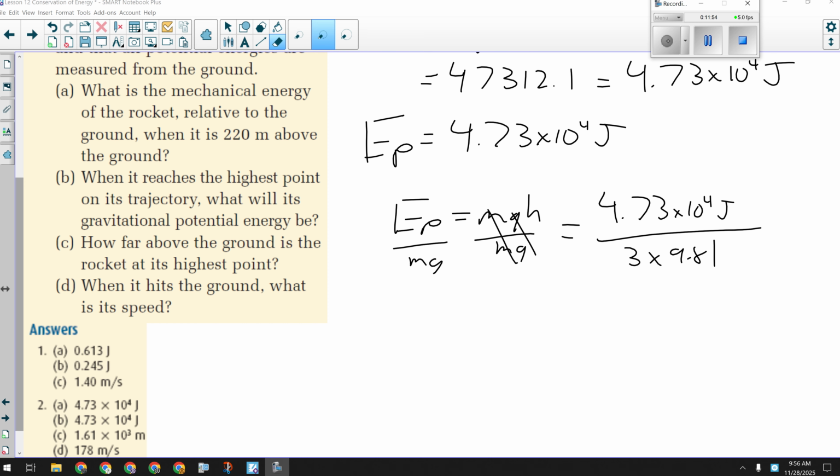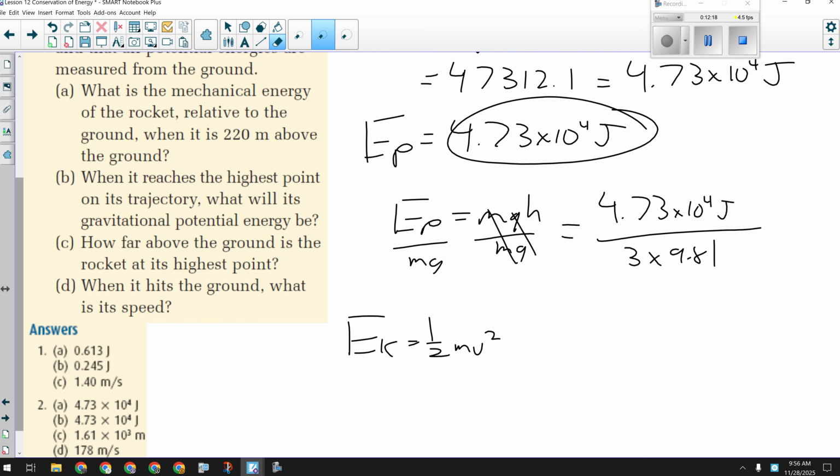So the law of conservation of energy part of D is that I already calculated the mechanical energy anywhere in the rocket's flight, including the instant it hits the ground, where it will have this much mechanical energy, all of it being kinetic. So now I can say, all right, EK equals 1/2 mv squared, and manipulate to get v, so divide by half of m and square root.